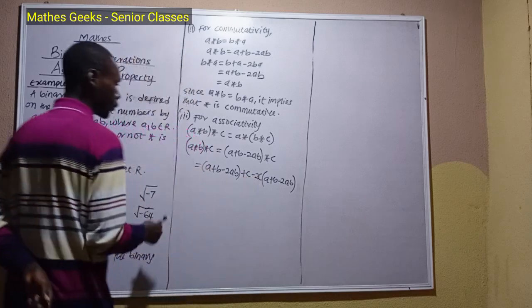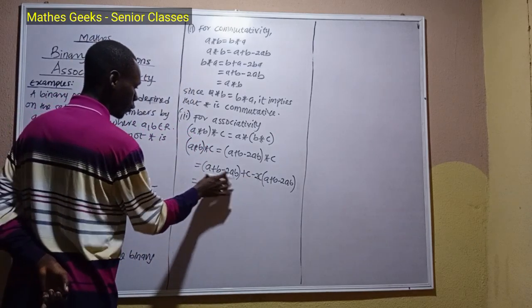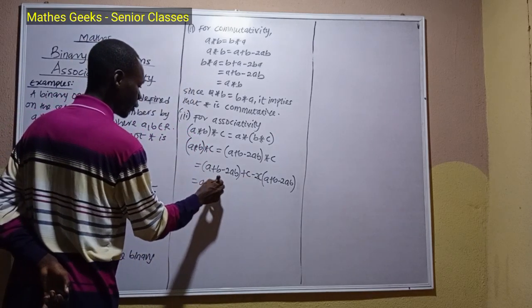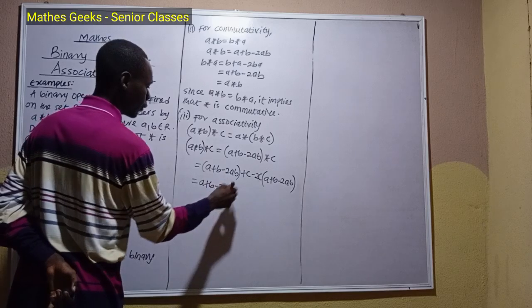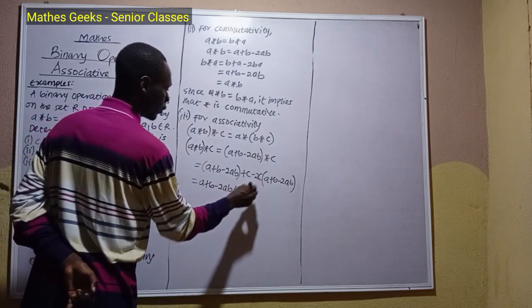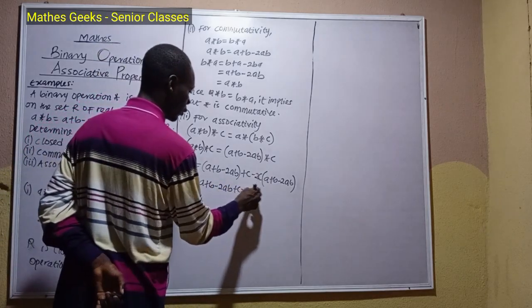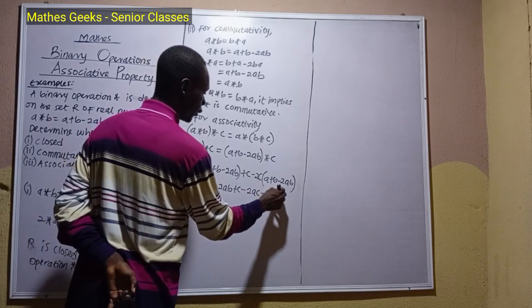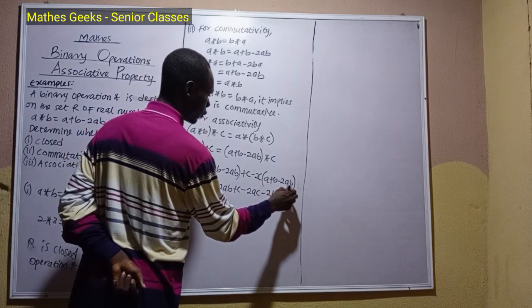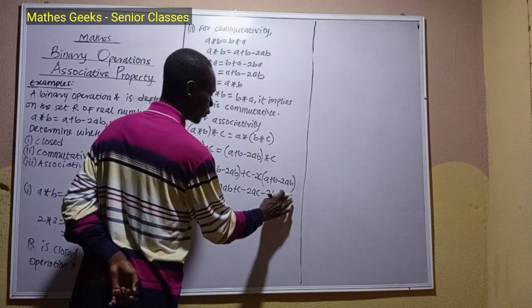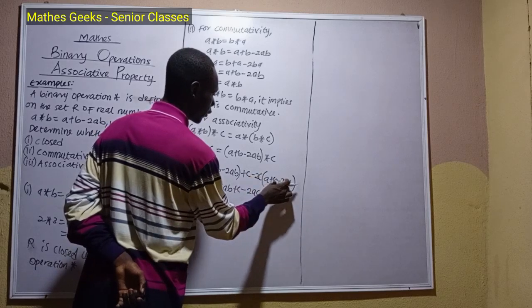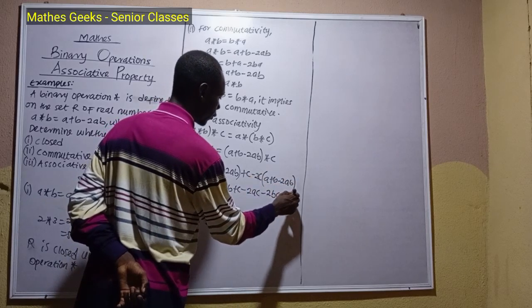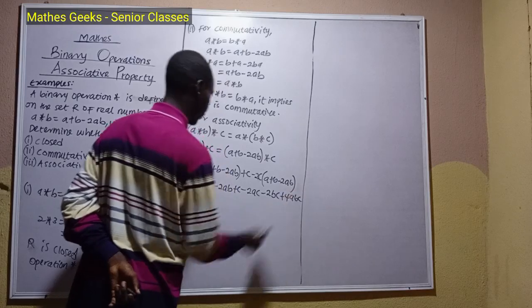Opening this, we get A plus B minus 2AB plus C minus 2AC minus 2BC plus 4ABC.